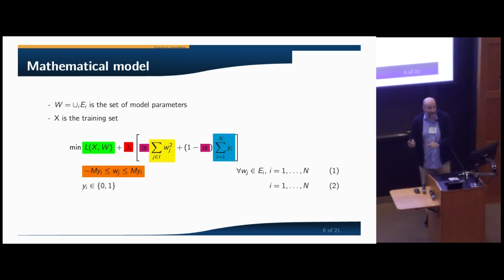Which means that I'm allowed to kill the neuron only if all the weights of the arcs that are entering are equal to 0 at the same time. Okay? And so this is a regularization that takes into account L2 and L0 at the same time, very hard to solve.